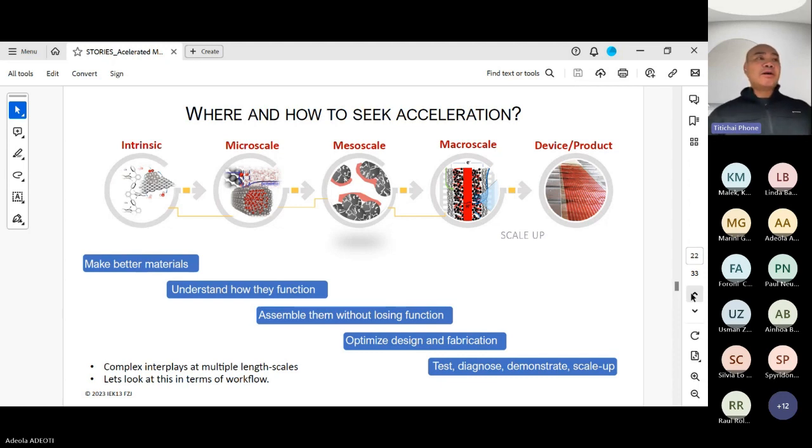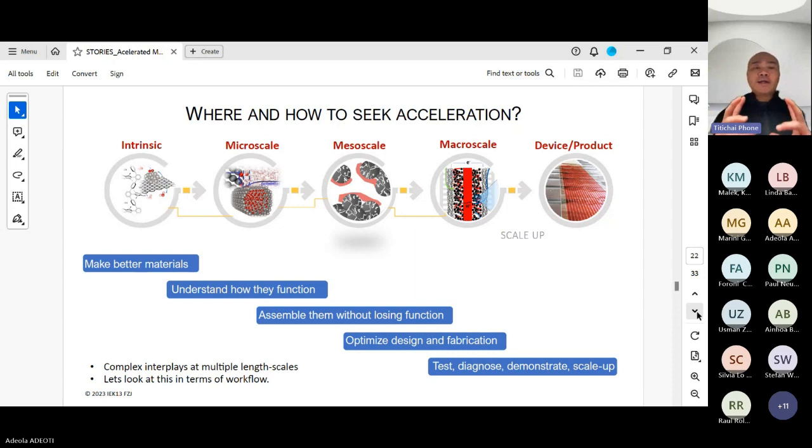And there are multiple ways of tackling this. So we are going back to the same drawing board to say that really it's a complex interplay at multiple length scales, right? That we need to understand and collectively bring all this information together, right?